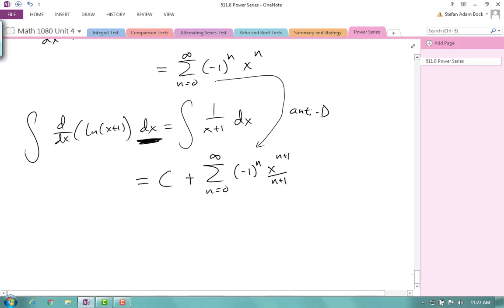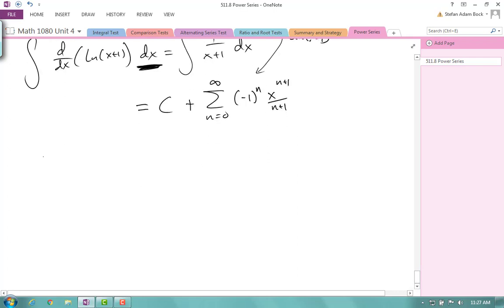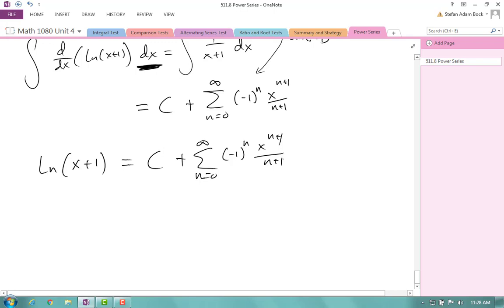But since the integral of 1 over x plus 1 is the natural log of x plus 1, that means we have a power series representation for the natural log of x plus 1, which is c plus the sum from n equals 0 to infinity of negative 1 to the n, x to the n plus 1 divided by n plus 1.